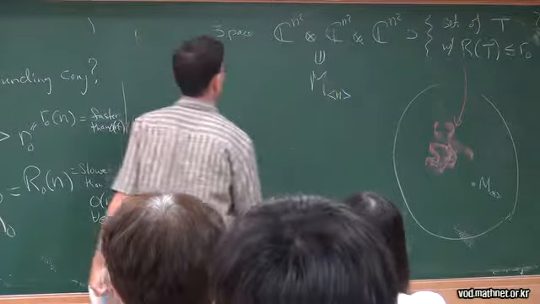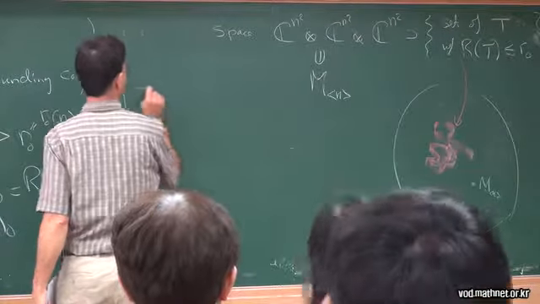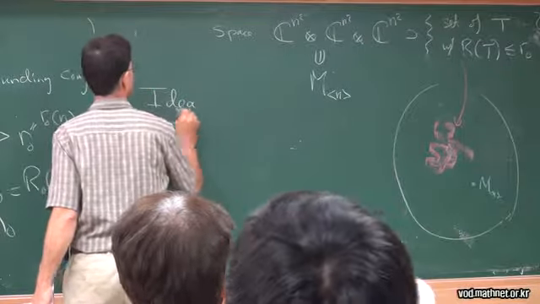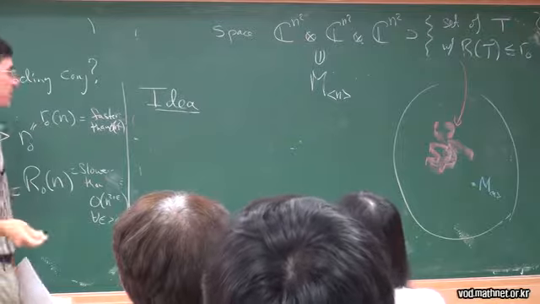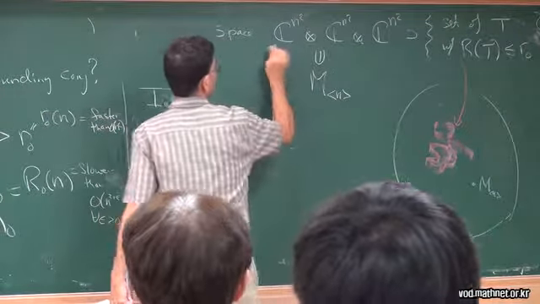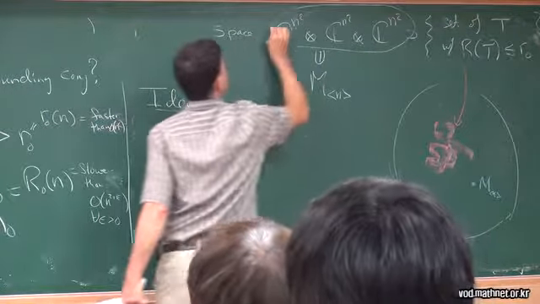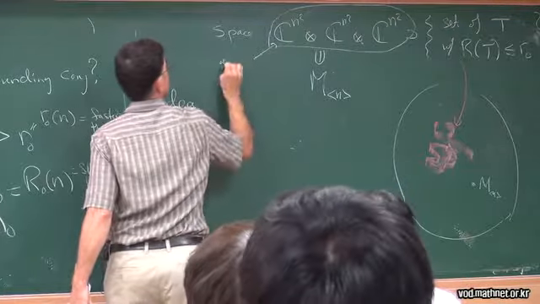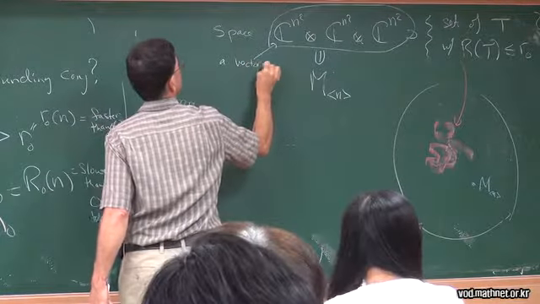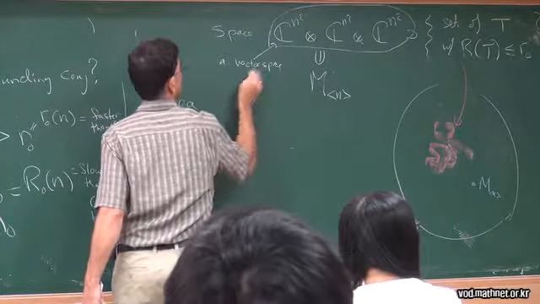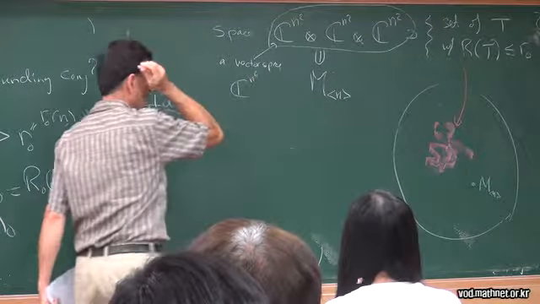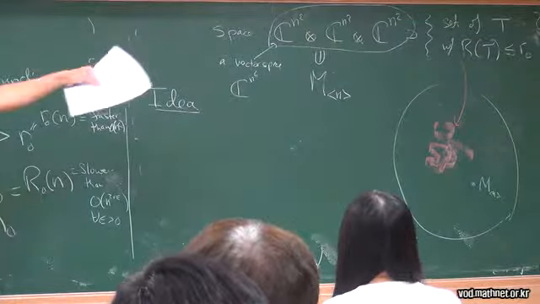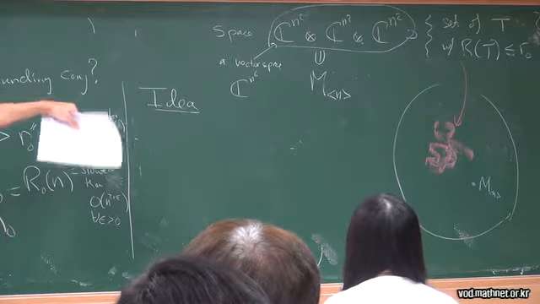So, how to disprove? Here's the idea, and this is the first entrance of algebraic geometry. This is a vector space. What is it? It's C^n to the sixth, I guess. It's just some very, very large vector space.